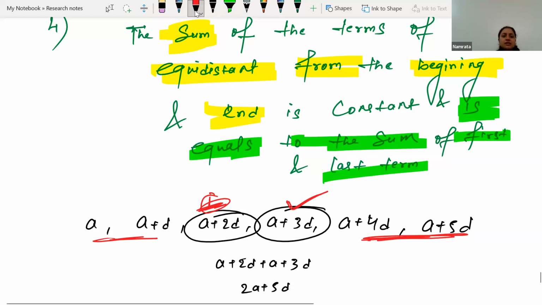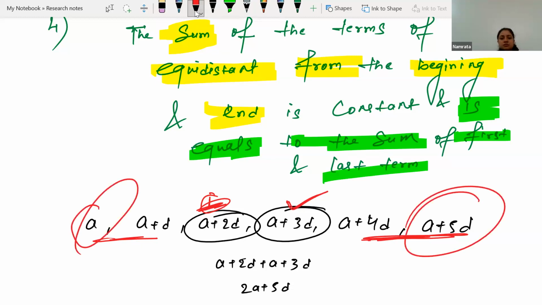Let's check it. Is it equal to the sum of this one and this one? Yes, ma'am. So yes, that's true, and that will always be true. Just keep this property in mind: if you are taking two terms which are equidistant from the first and the last, that sum will be equal to the sum of first and last term.